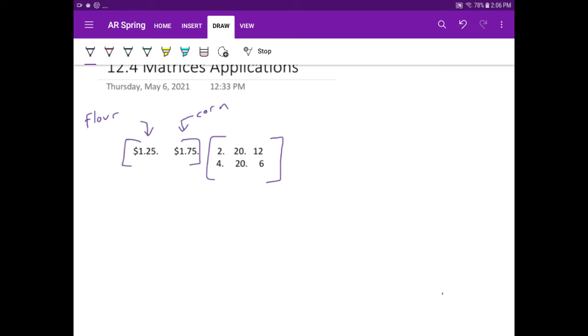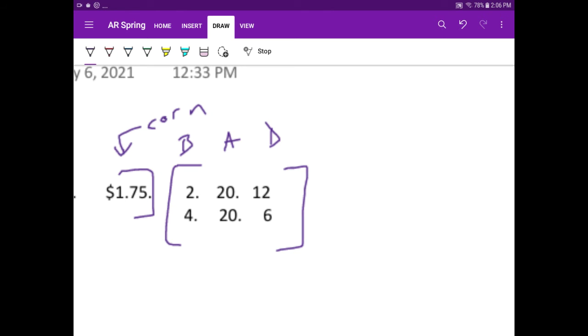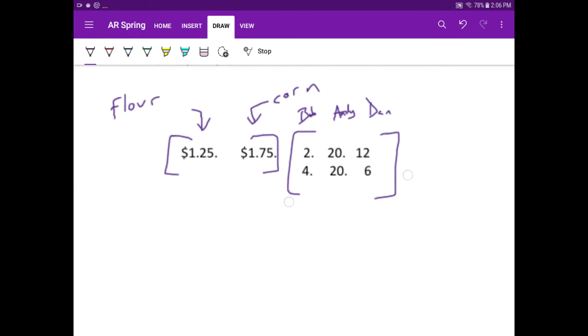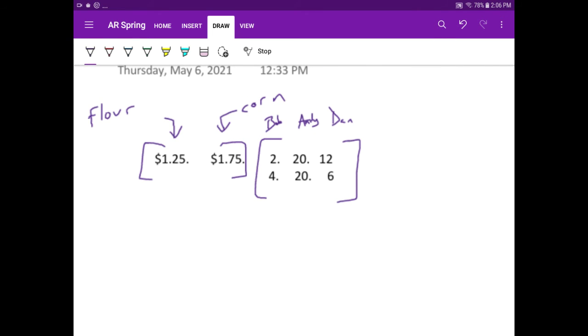And let's say you have Bob, Andrew, and Daniel are buying these tacos. Bob, Andy, and Dan. Okay.